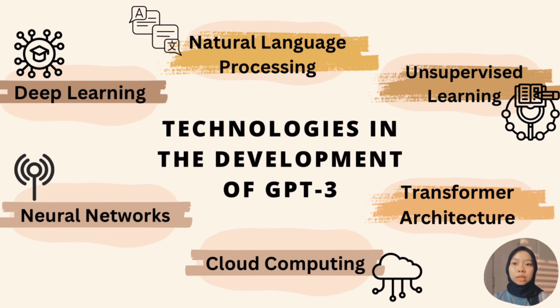GPT-3 uses neural networks, which are a set of algorithms that are modeled after the human brain. Neural networks are used to process large amounts of data and can learn to recognize patterns and make predictions. Next, cloud computing. GPT-3 is deployed on the cloud, which allows it to scale to handle large amounts of data and perform complex language processing tasks.